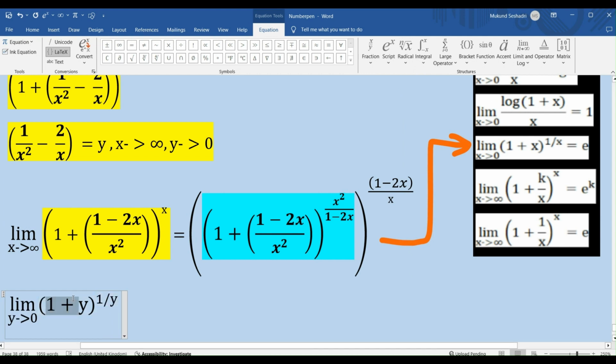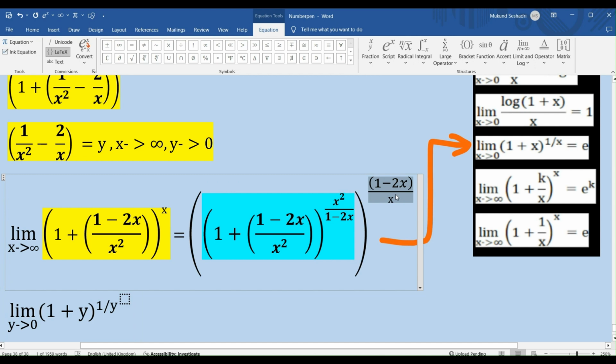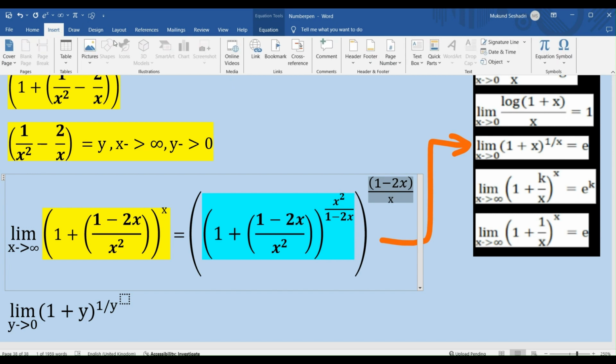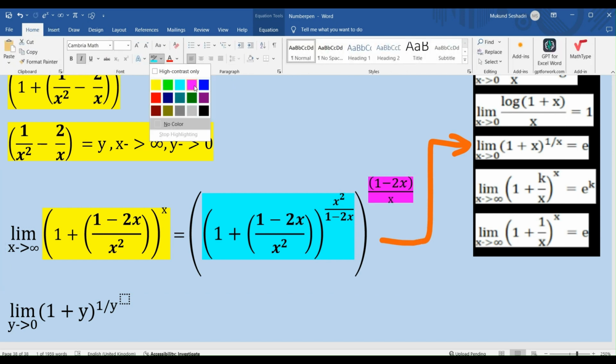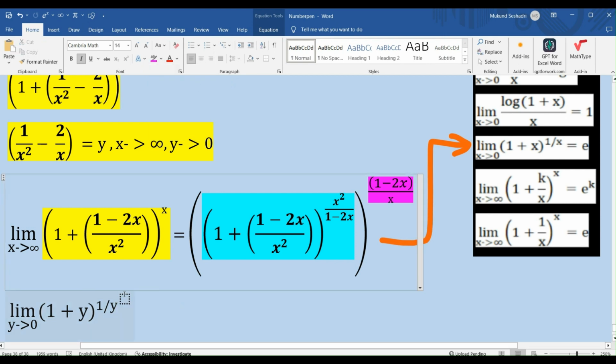So this is one part, and I want you to take a close look at the other part of this expression, which is this part, which is 1 minus 2x. Let me put another color to this so that it becomes a lot easier to visualize. Let me put a pink. So what is this expression? (1 minus 2x) divided by x.